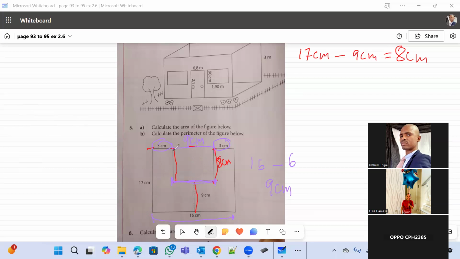We are measuring this part, not the top one. Someone is mistaking me here. That 9 is measuring from 3 centimeters there on top to 3 centimeters. The 9 centimeters is measuring from here up to here.